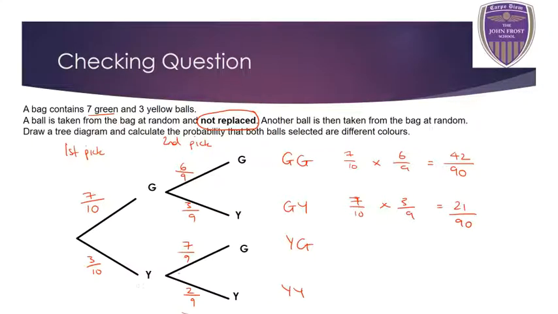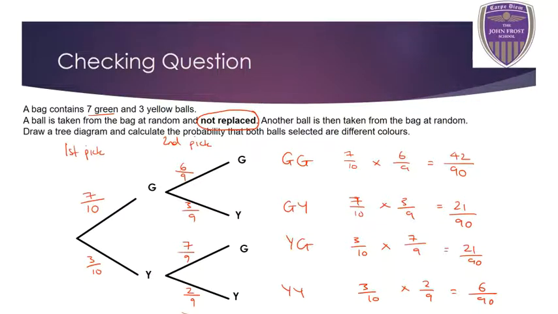Then yellow first, green second is 3 tenths times 7 ninths, 21 over 90, and the last one is yellow first, yellow second. So 3/10 times 2/9, 6 over 90.